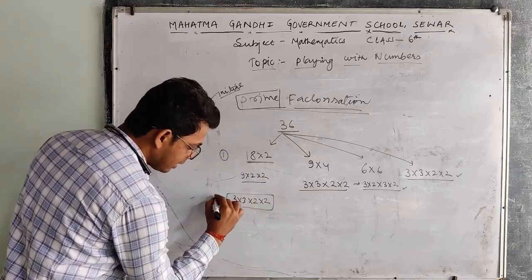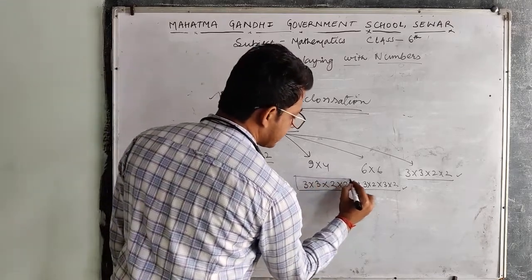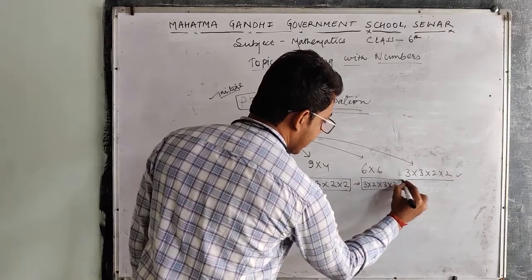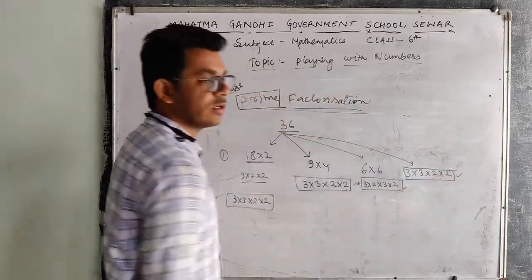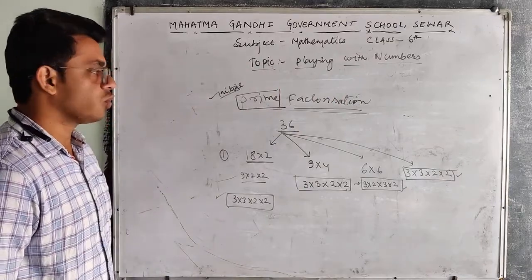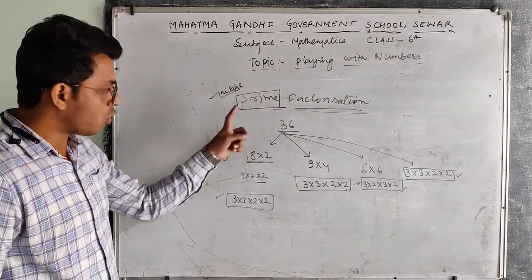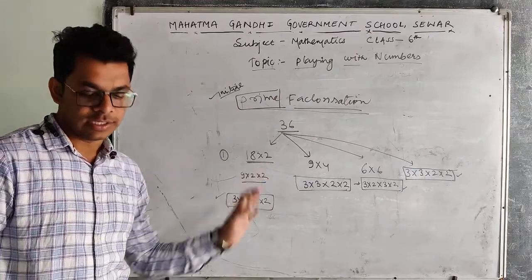So at last we come to the same conclusion: we should factorize any number into the smallest digits possible, and we are talking about prime. Prime means from the initials.